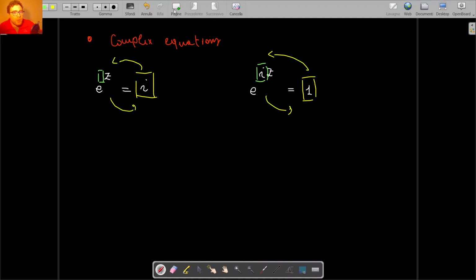So let's start with the first equation. We have e raised to z is equal to i, and here we have to remember the formulas we all know for complex numbers: e raised to z can be written as x plus i y. This is equal to i.